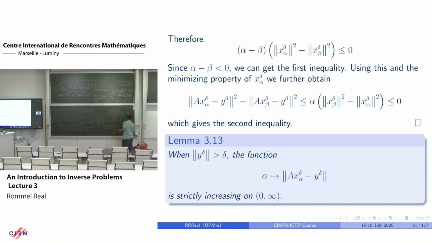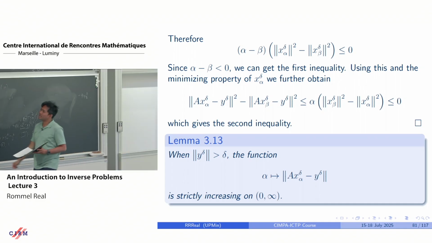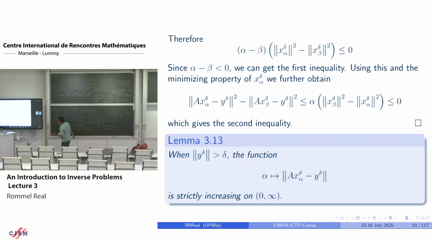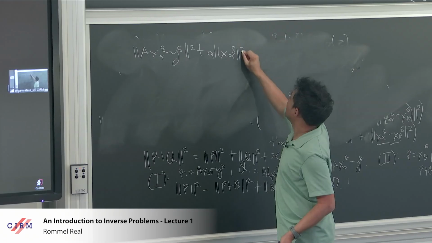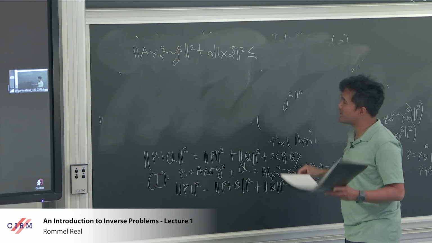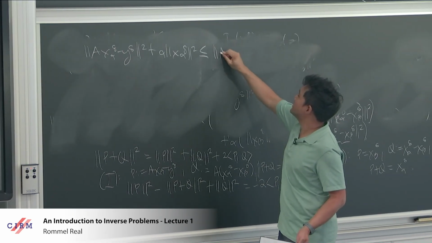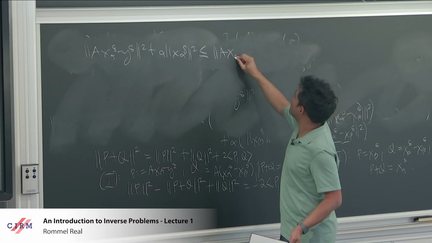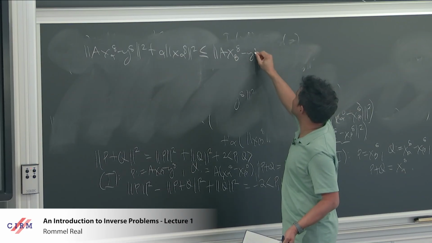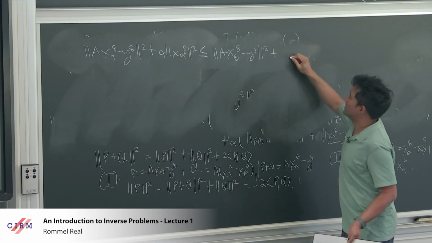Okay, so in the second one, we again need the minimizing property of x sub alpha. So that's the norm of A x alpha delta minus y delta square. And this must be less than or equal to the value of the Tikhonov functional of alpha in terms of the other regularized solution. So that's alpha.